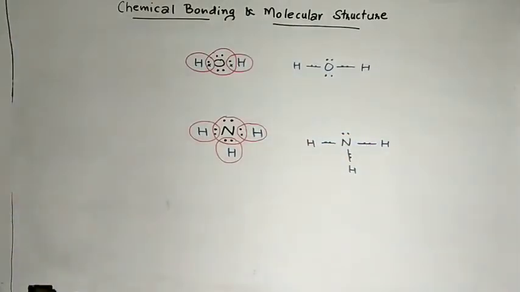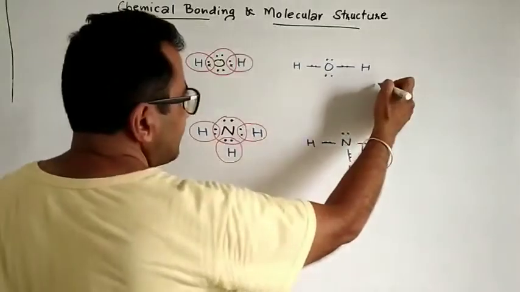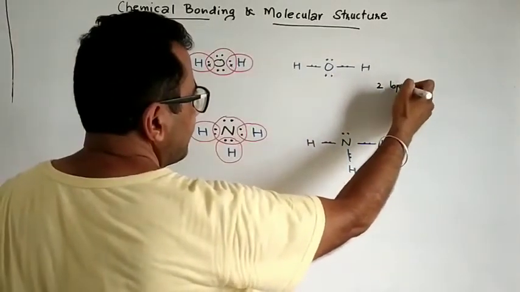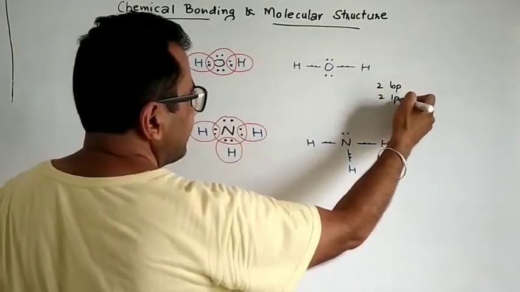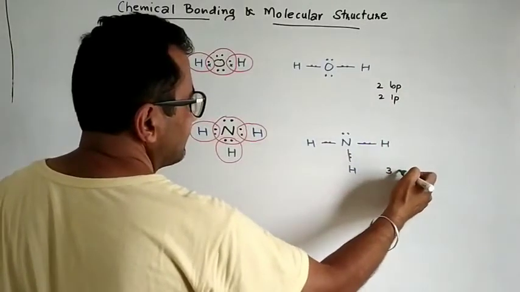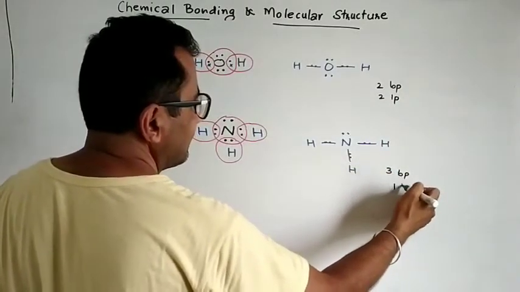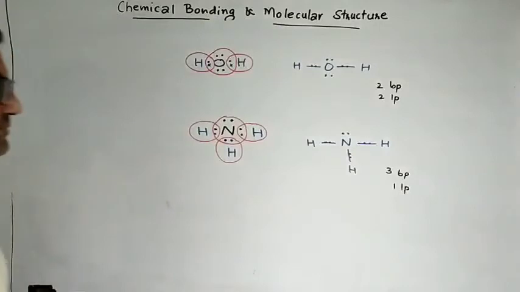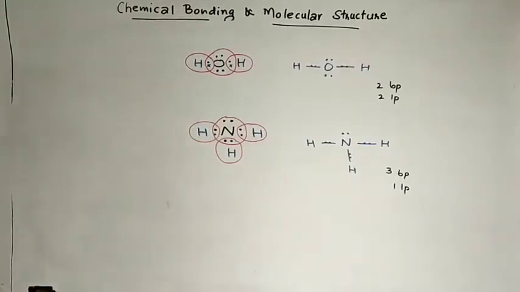So if you see carefully, there are 3 bond pairs and 1 lone pair. In this way we can draw the structure. This is about the covalent bond.